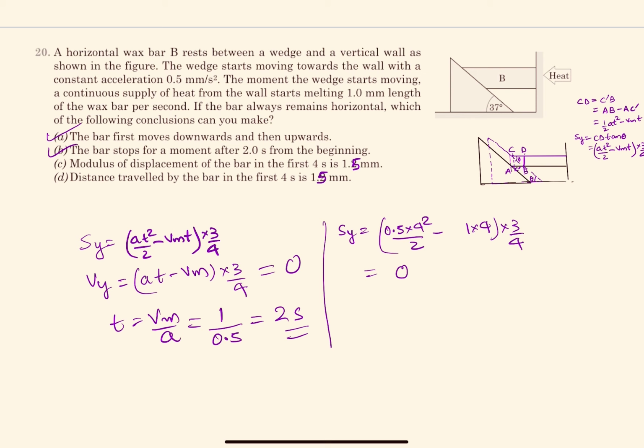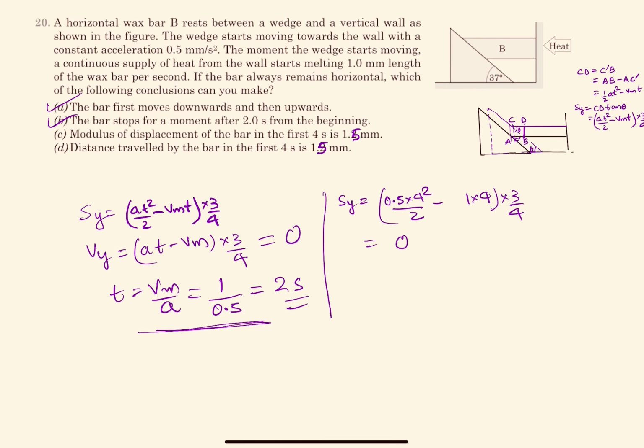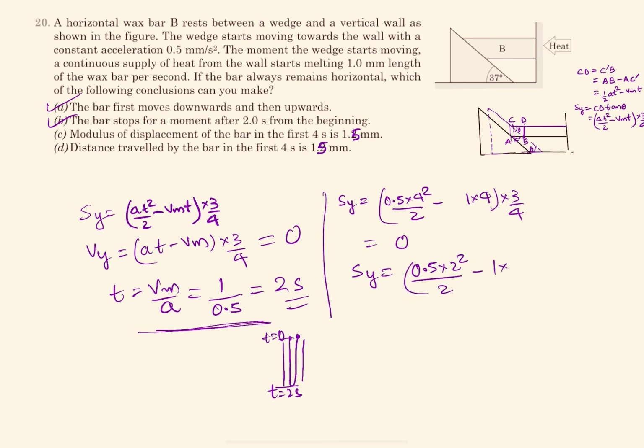Now in the previous situation, we already know till what point it goes down. So it goes down, t equal to 0, it starts going down. Till t equal to 2 second, it is going down only. And then after that, it returns back. So that means whatever is the distance covered from 0 to 2, same distance will be covered from 2 to 4. So how much is that distance? You can easily get that by substituting 2 in the equation. If you substitute 2, so you'll get what? 0.5 into 2 square by 2 minus 1 into 2 into 3 by 4.